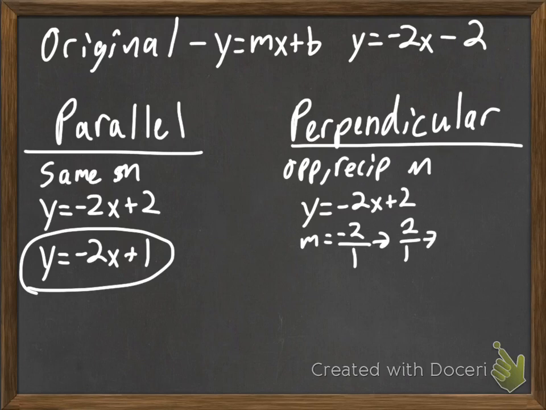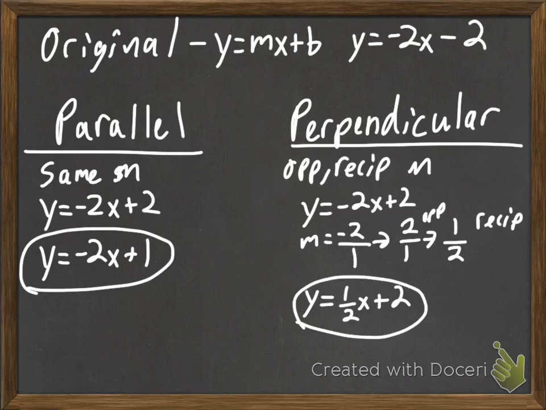And then we need to do the reciprocal. Reciprocal means you flip it. So now we're going to use that 1/2 in place of m. So it becomes y equals 1/2 x minus 2. If you want to change the constant as well, go crazy and do it. So here's our perpendicular line.